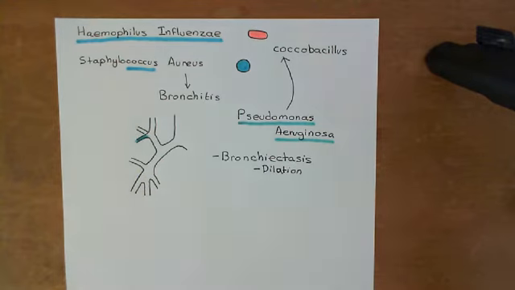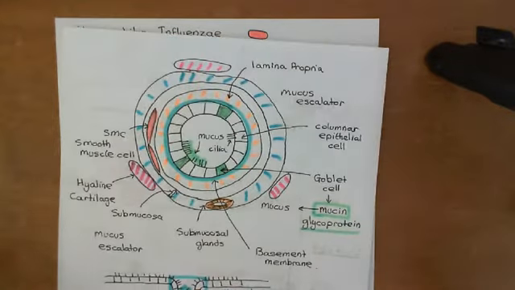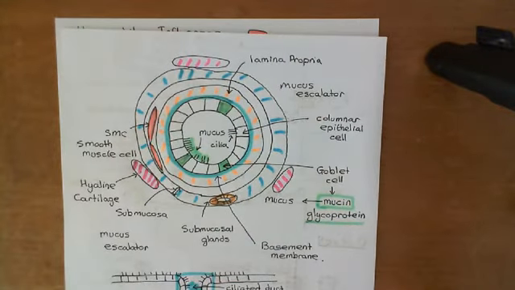Okay, so basically what happens is, if I get my picture of the bronchus back, when you have this chronic inflammation of the bronchi, which is caused by these chronic infections of Staphylococcus aureus, Haemophilus influenzae, and then later Pseudomonas aeruginosa, the inflammatory cells come in, and when they fail to clear it, they get very, very aggravated.